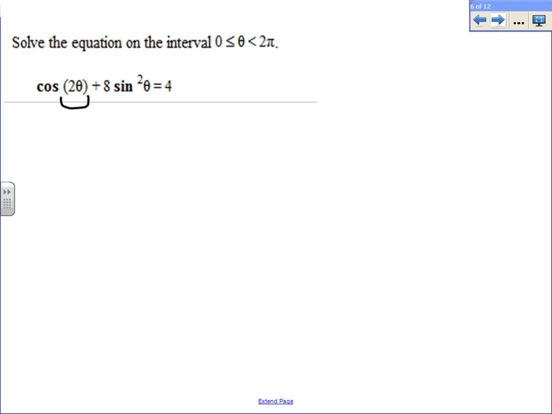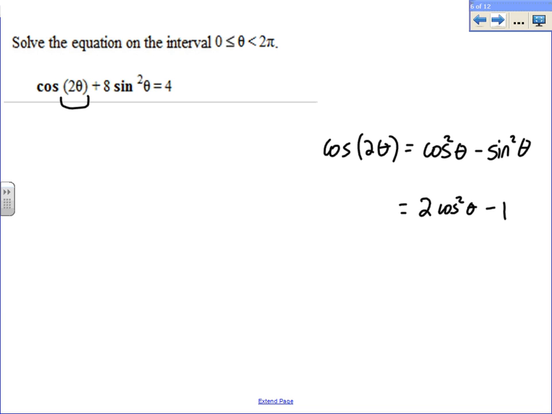And so on cosine of 2 theta, remember you have several choices for that. And I'm going to use the one that's going to do me the best here. So recall, cosine of 2 theta would be cosine squared theta minus sine squared theta. The other ones that I could use would be 2 cosine squared theta minus 1, and then the last one here, 1 minus 2 sine squared theta.